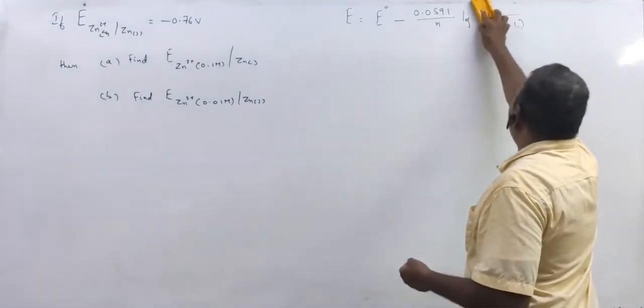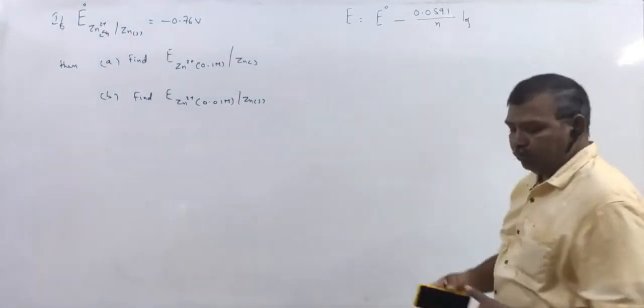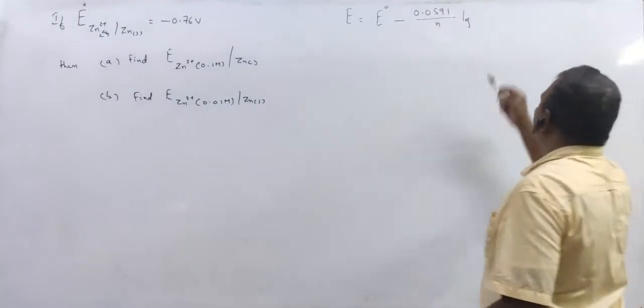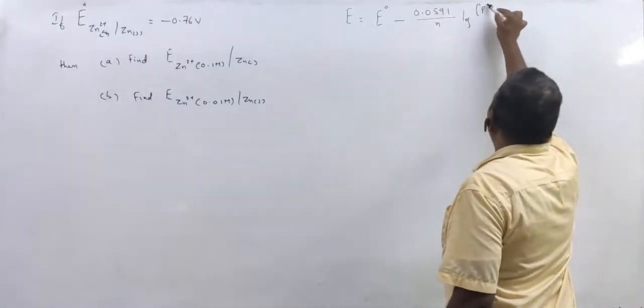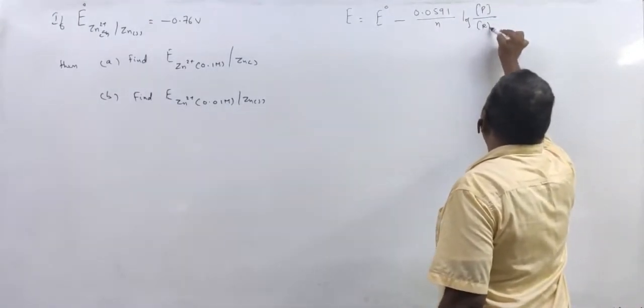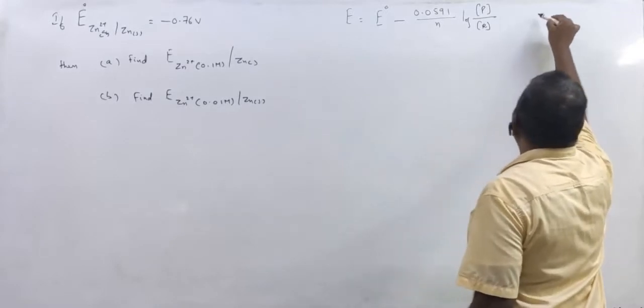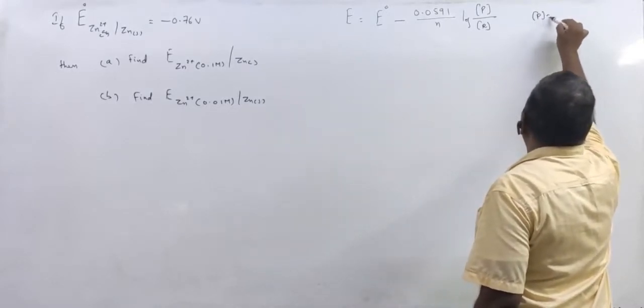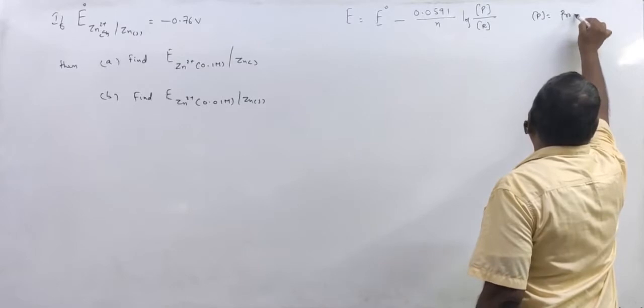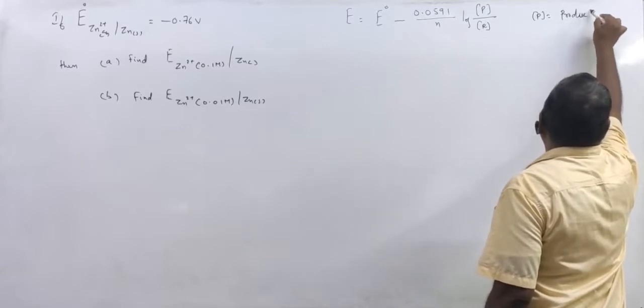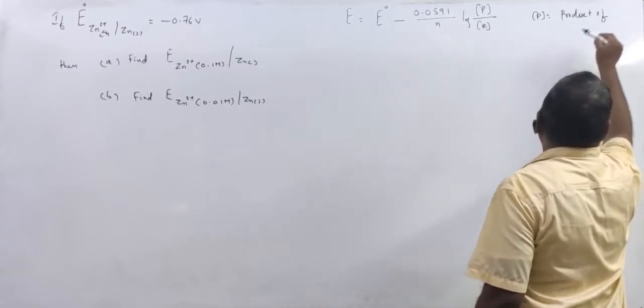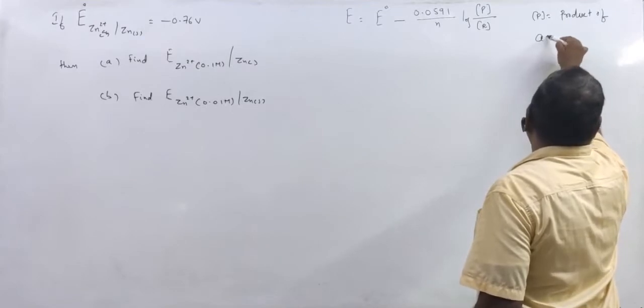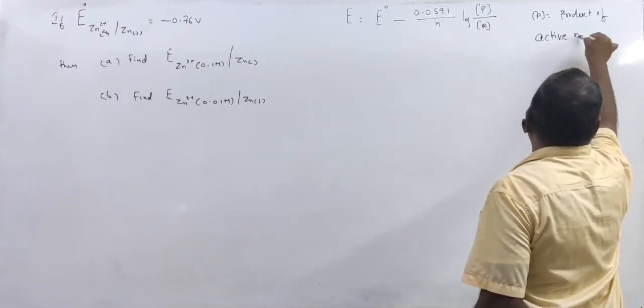Or you can write shortly, P by R, where P is the product of active masses of products.